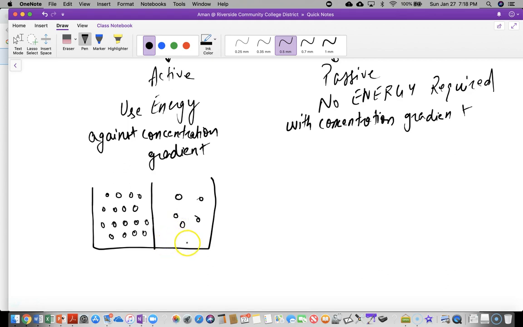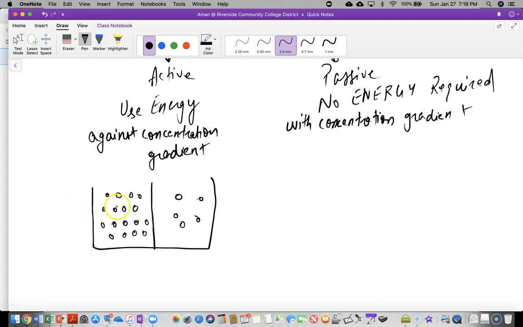Okay, so we'll say this is the low concentration side, this is the high concentration side. So if you want to move stuff from the left hand side to the right hand side, that's going to be easy, right? There's high concentration, it very easily moves to the right hand side. That's what passive transport is going to be.